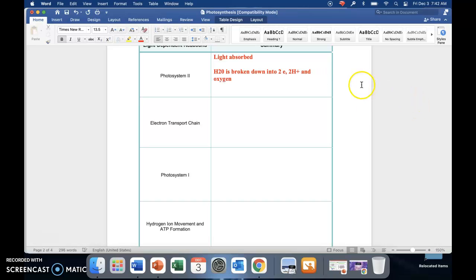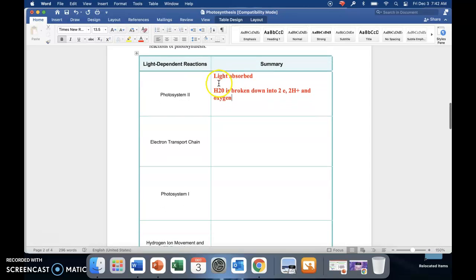So water is broken down. I'm just fixing these couple things here. And that e- again stands for electrons, and electrons contain energy, as do the hydrogen atoms, or hydrogen ions, I should say, since they are charged.